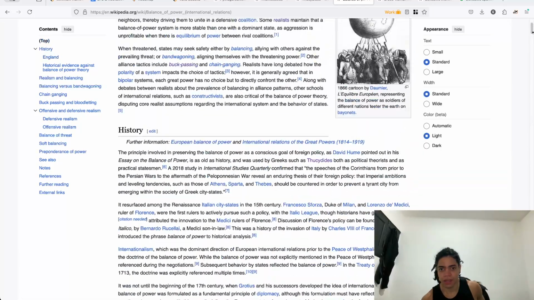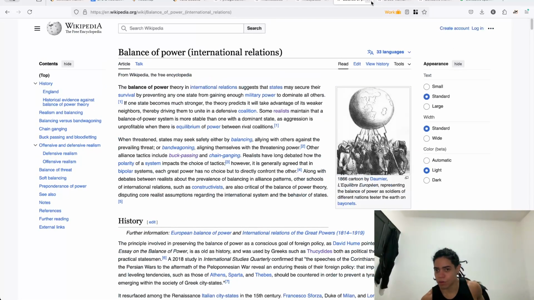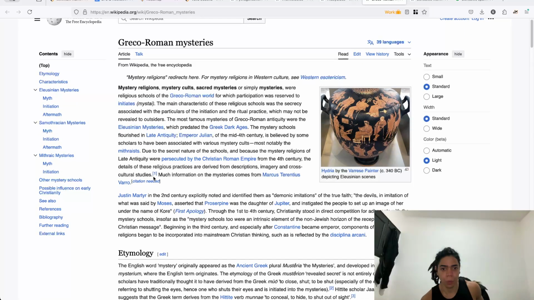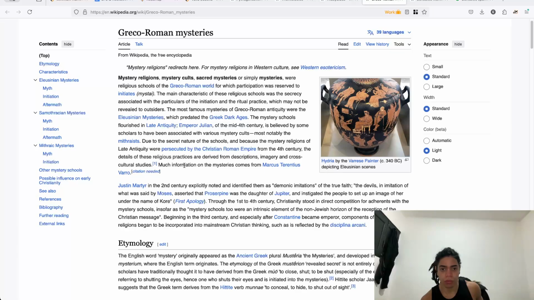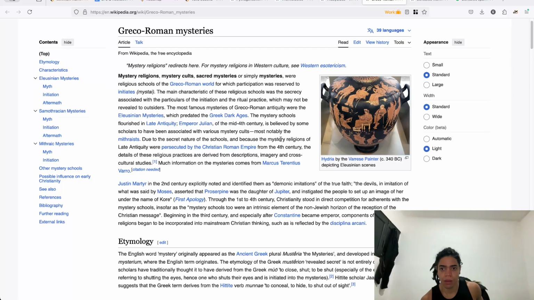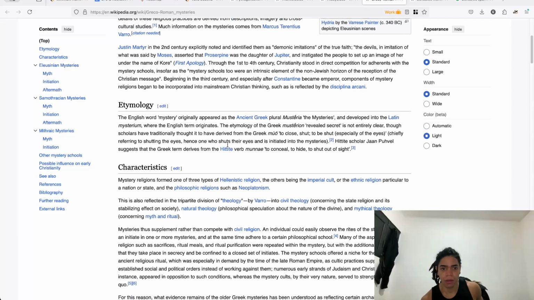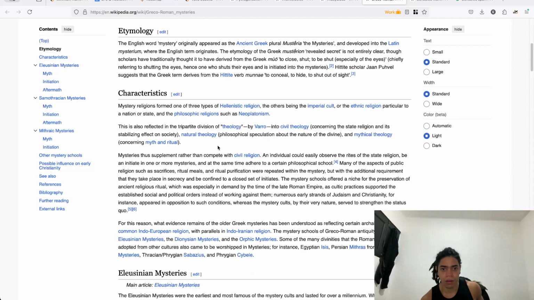In any case, all of this was to look at the balance of power.